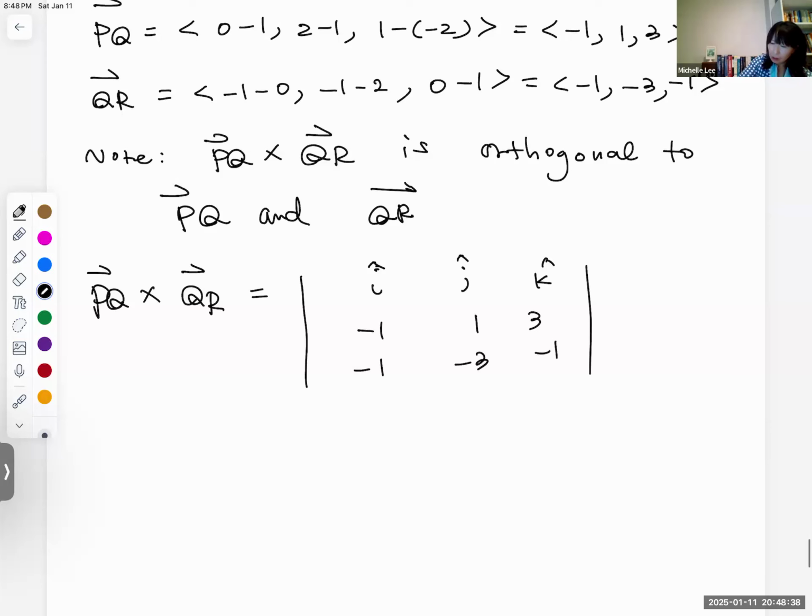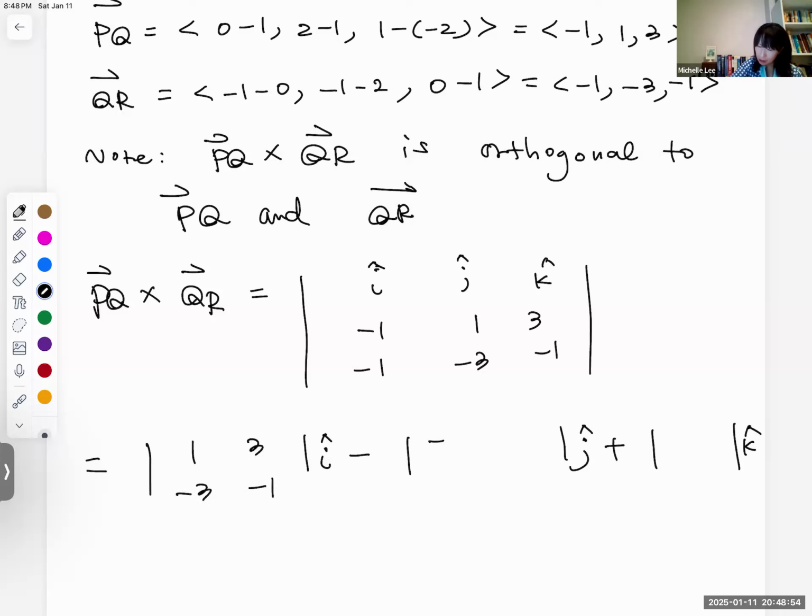So that will be I minus J plus K. So for I, we have 1, 3, negative 3, negative 1. For J, we have negative 1, 3, negative 1, negative 1. For K, we have negative 1, 1, negative 1, negative 3.